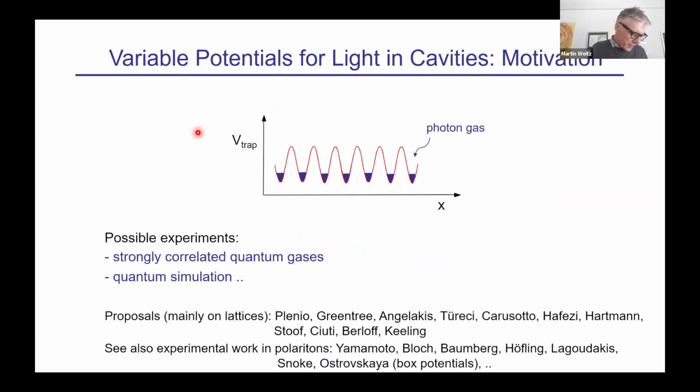So in my final few minutes, I will talk about experiments on generating variable potentials for light in such cavities. First, regarding the motivation, which is strongly correlated quantum gases and quantum simulation. There are many proposals, mainly on lattices, and also experimental work in the field of polariton physics.